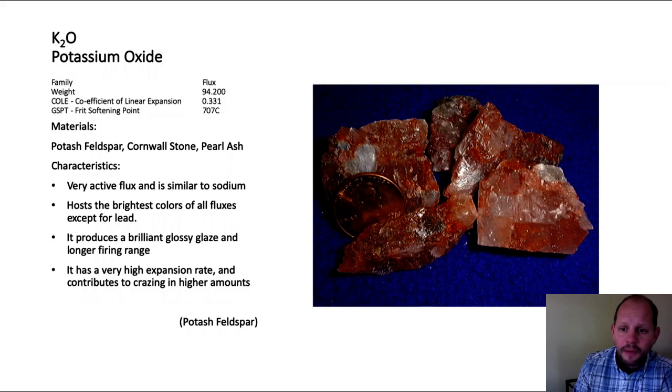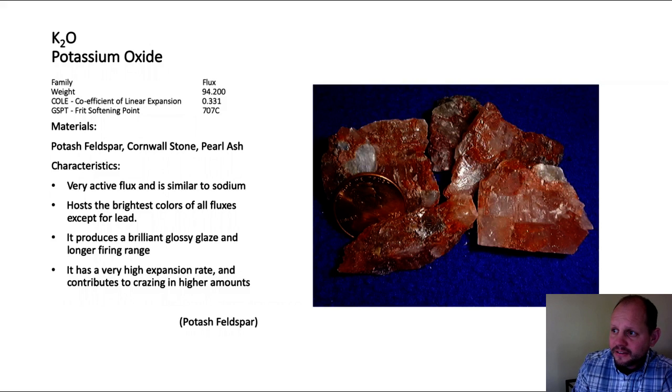Now, the alkali metals typically make clear glazes. They don't opacify in any way. They don't crystallize. They actually have really high expansion rates, which means that they crack. And they're typically pretty soft.